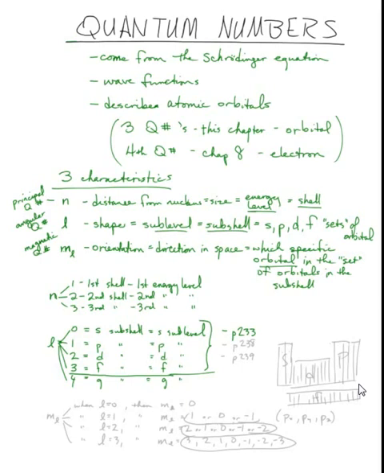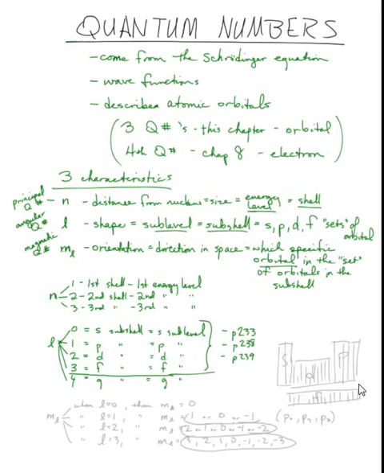So let's correspond that back up to the one right before it. When l equals 0, what's our subshell? It's an s subshell. Remember the picture was a sphere. There's only one way to orient a sphere in space, so you only get one orbital. When l equals 1, look up at the l's.